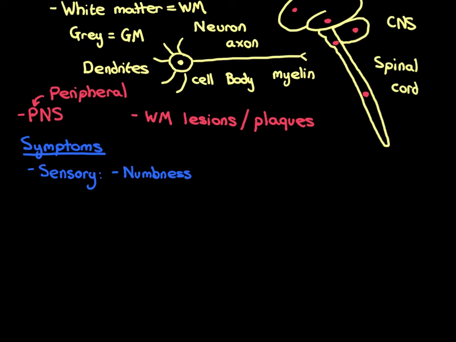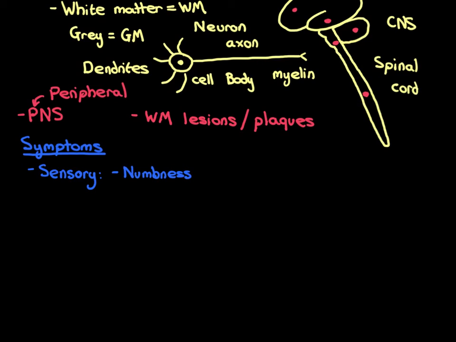If you get a white matter lesion in the spinal cord, hopefully you can understand that that might interrupt the transmission of the information up the spinal cord to the brain, and therefore you might no longer be able to actually deliver sensory information from certain areas of the body up to the brain, and therefore it will never actually become conscious information. So this is why people can get numbness in certain areas of their body when they have the white matter lesions of multiple sclerosis, if those white matter lesions have formed in the spinal cord.